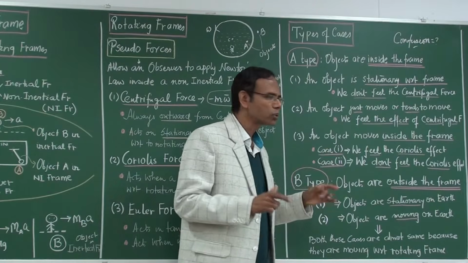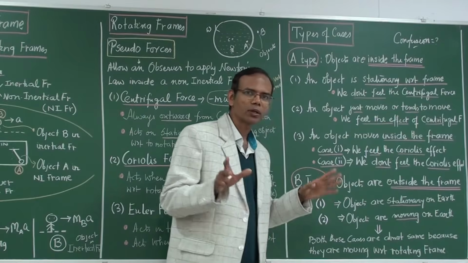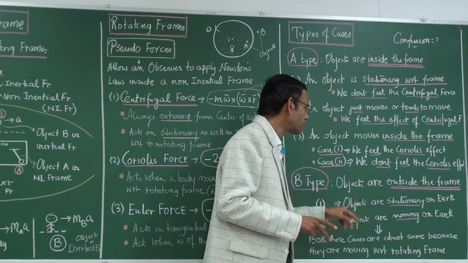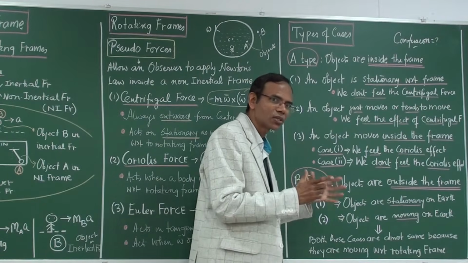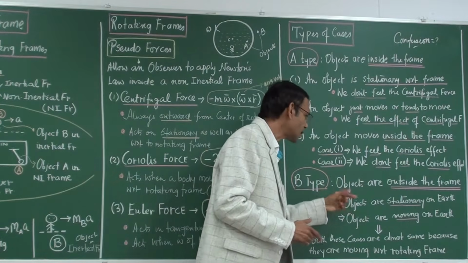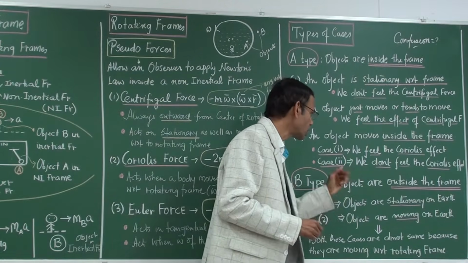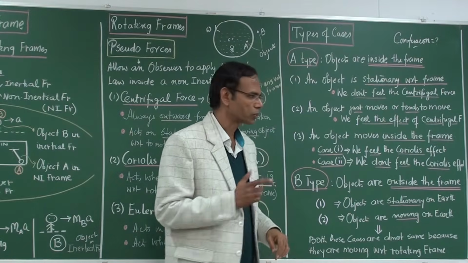Usually textbooks start from here, and these examples are not given at all. But I would like to start from here because, as I said, when things are stationary, that is the time we can understand things better, what actually the Coriolis force is and what actually the centrifugal force is.